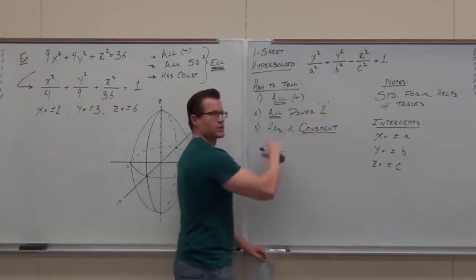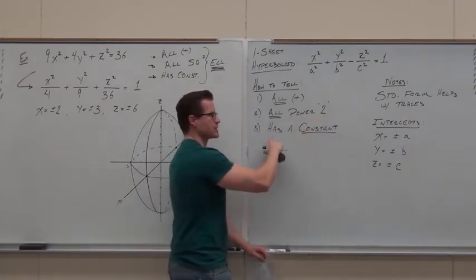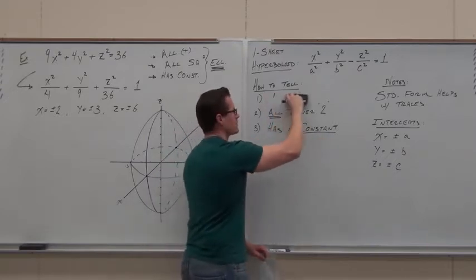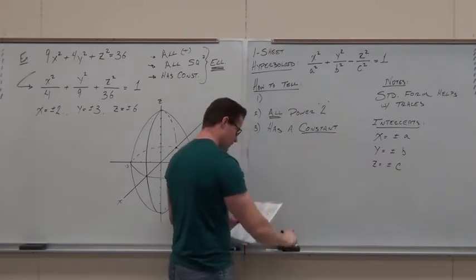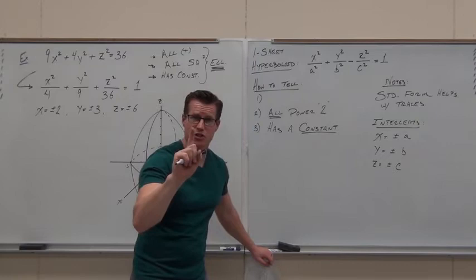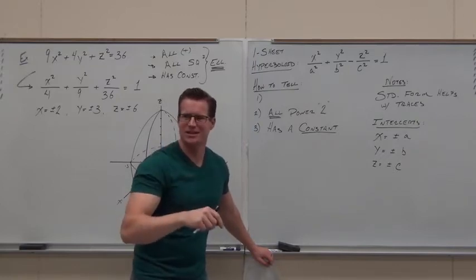Are they still all power 2? Do they still have a constant? Yes. Are they still all plus? No. One has a minus. That's important, because if I change to two minuses, guess what? Two sheets.